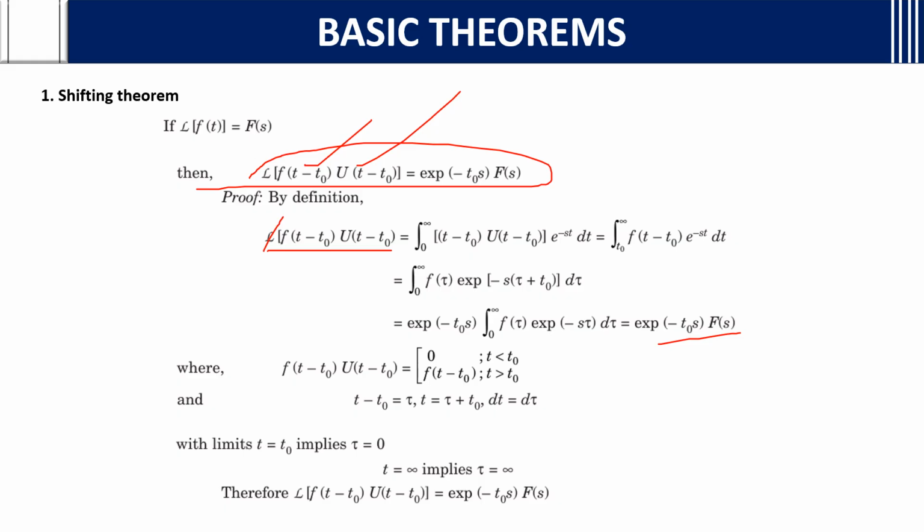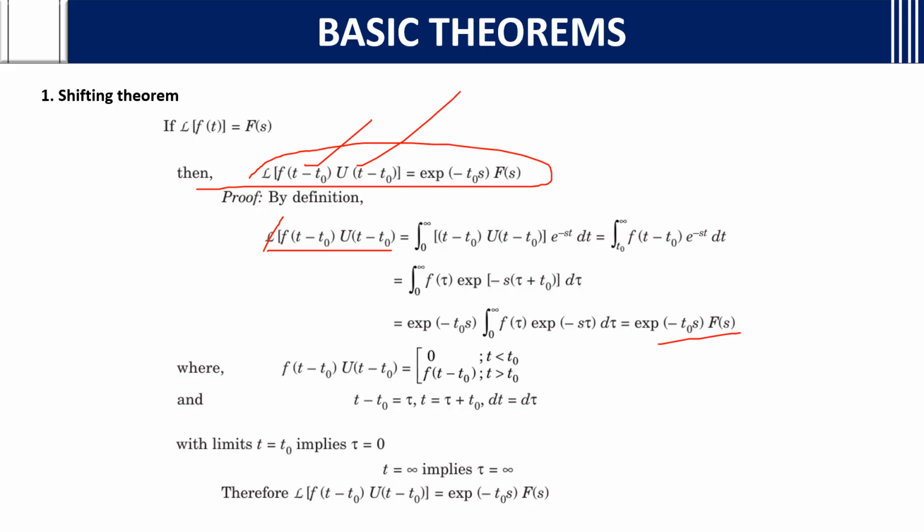After writing till here, we write minus s of tau plus t naught. Then we can take the exponential minus t naught s outside, because the integration is with respect to tau only, d tau, so the integration is done only on the tau terms.